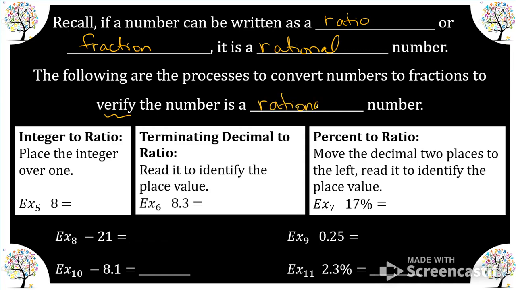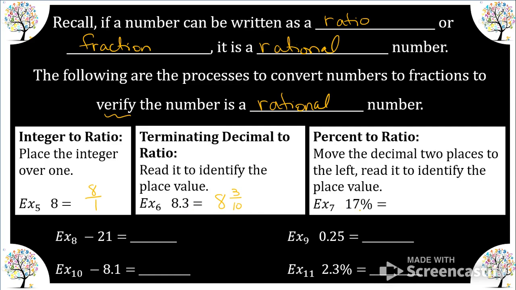So sometimes you'll be asked to classify, but then prove that it is rational by creating the number into a ratio. So when we have an integer, we just place that integer over 1, showing that it is a rational number. When we have a terminating decimal, we can just read it, 8 and 3/10. It's in the tenths, the 3 is in the tenth space.